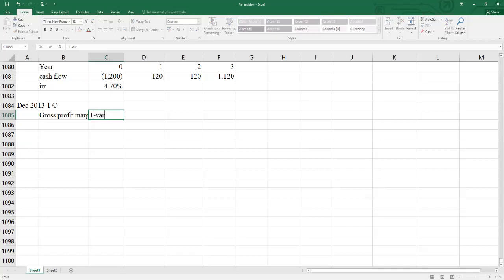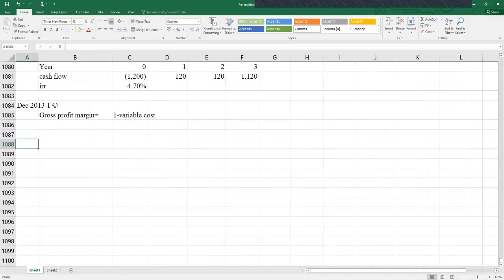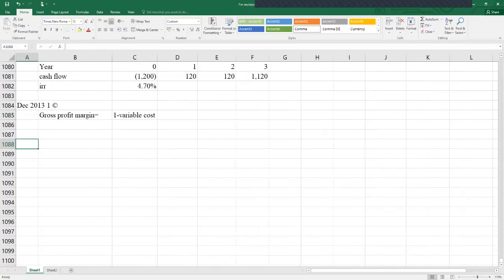That gives us the gross profit margin. So it is equal to 1 minus 0.8, or 80%, which is equal to 20%. So therefore the company has a gross profit margin of 20%.